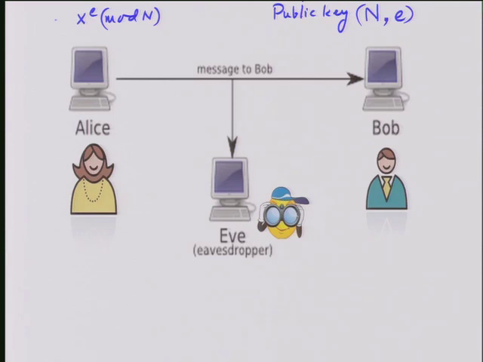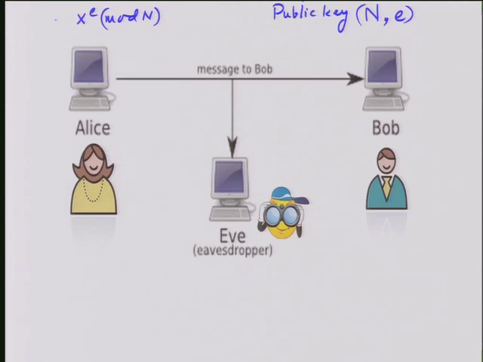And because she can't do it quickly, she just doesn't have a hope of figuring out what message Alice sent to Bob. So this whole idea of a public key crypto system, before people thought about how to think computationally in this way, about what's easy, what's hard, was just completely impossible to even dream of.